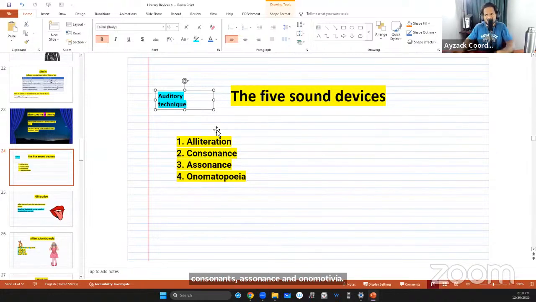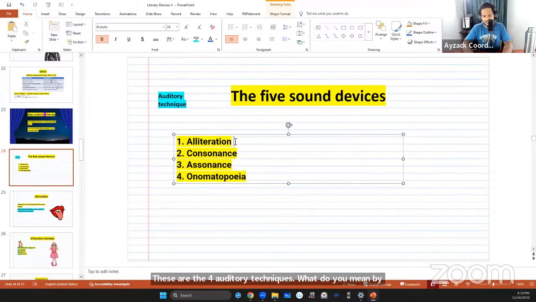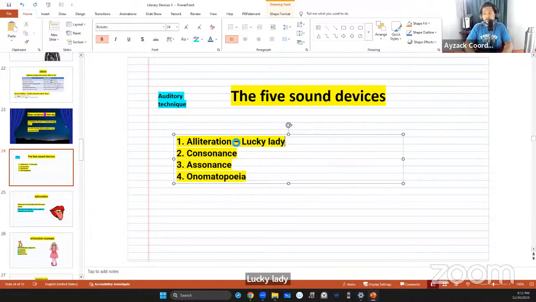What do you mean by alliteration? I'll give you guys an example per topic. Alliteration is when you have adjacent words beginning with the same sound. Now, for example, lucky lady is a good example for an alliteration because we have adjacent words beginning with the same sound.